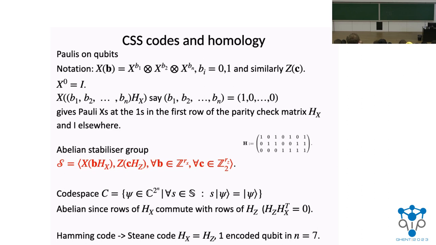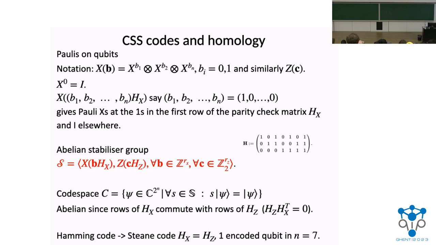So everywhere there's a 1, you replace it by a Z, and everywhere in the other matrix there's a 1, you replace it by X. Yeah, and this is a concise way of writing this. Actually, this should be a Z2 here, sorry.